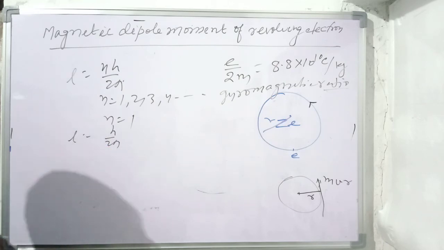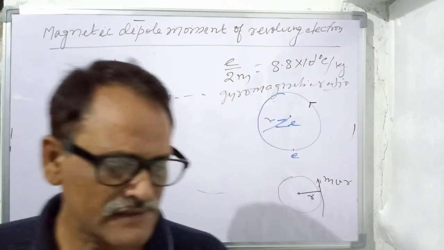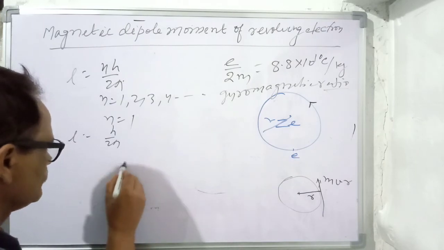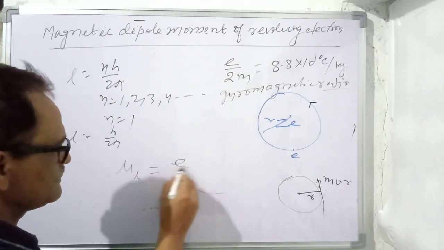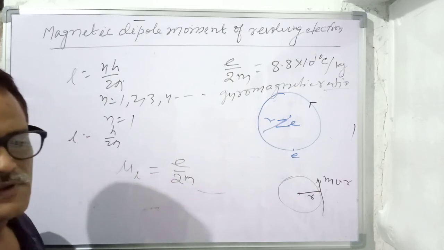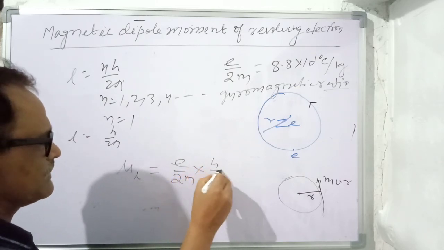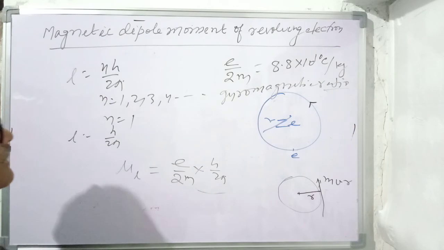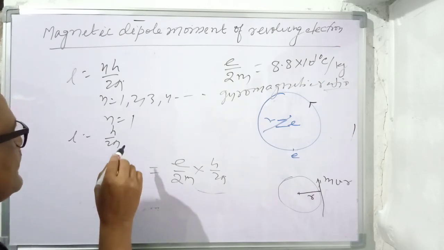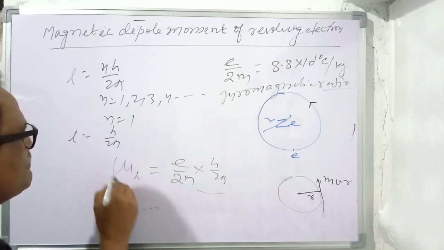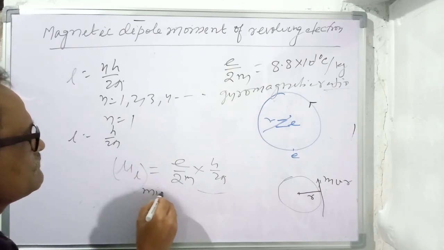Putting this value of L in the previous equation, mu L is equal to e by 2m into h by 2 pi. Since I am taking n equal to 1, this is the minimum value.